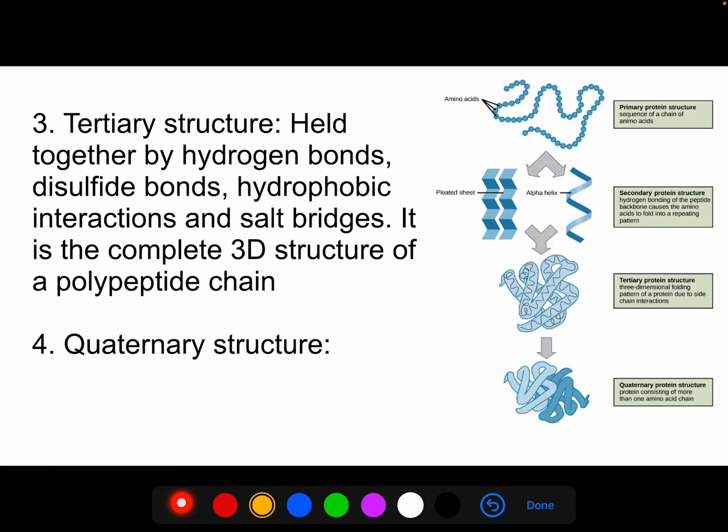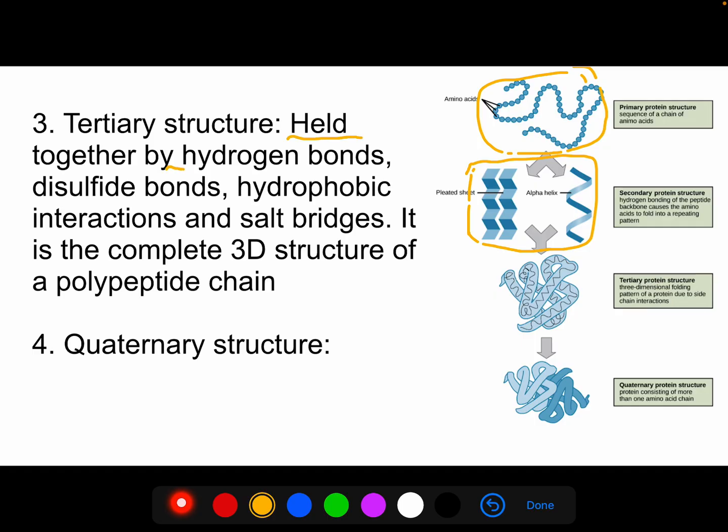And then we have the tertiary structure. So we had the primary structure, which is the amino acid sequence, the amino acid chain. Then those amino acids are connected together through hydrogen bonds to give a secondary structure. Then we have the tertiary structure.